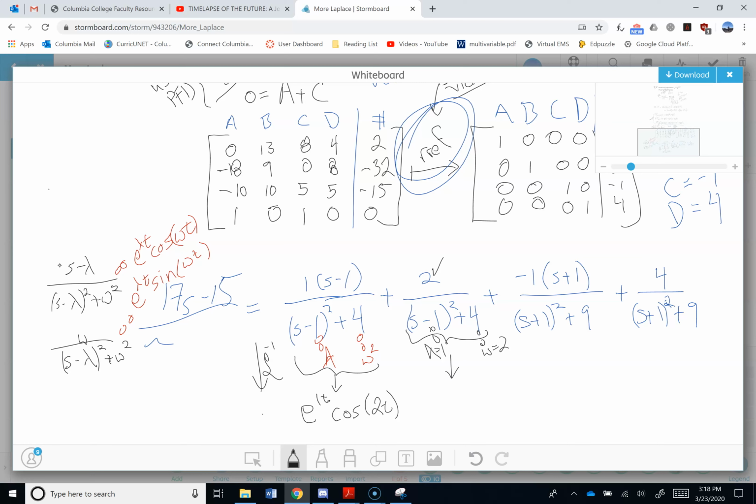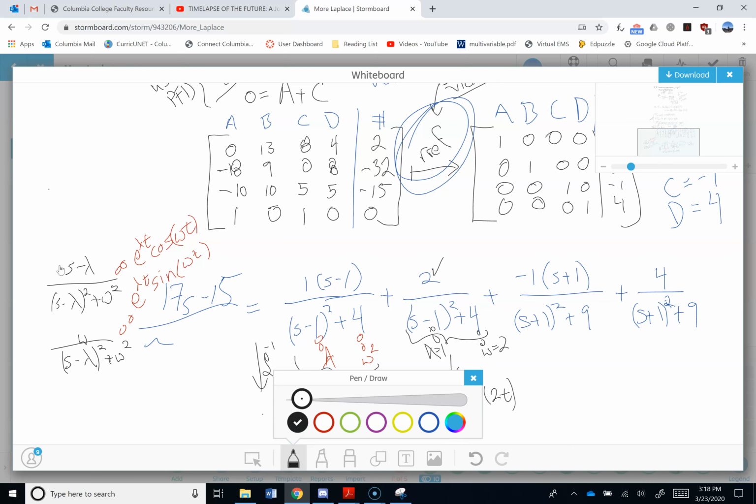So this inverse Laplace transforms to e to the t sine of 2t. Okay, and then these next are where things are going to get a little harder.